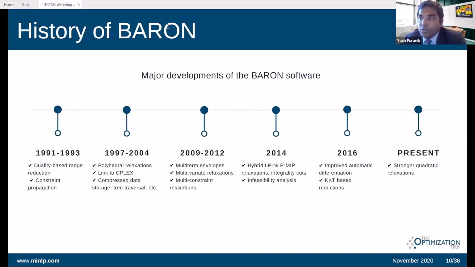I think the use of polyhedral relaxations was one big step that tremendously helped increase the robustness of Barron. So until that time, it was common for global solvers to try and build convex relaxations for MINLP problems, which were typically nonlinear, and solve them with a nonlinear solver or a local solver.